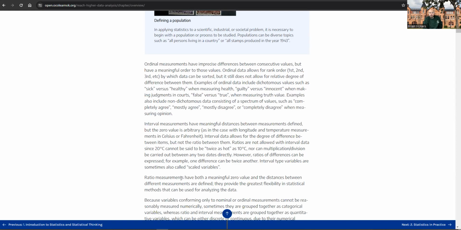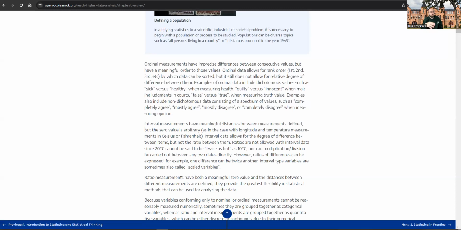Same thing, latitude, longitude. 10 degrees north versus 30 degrees north isn't 3 times less north than the other one, right? So there are meaningful measurable differences there that can be numerically calculated. You can perform some math on them, but not on a scale of comparison.